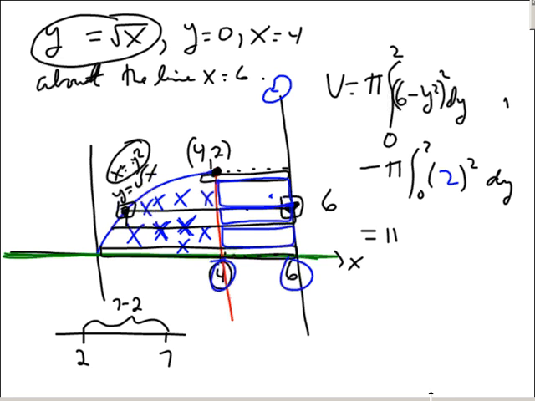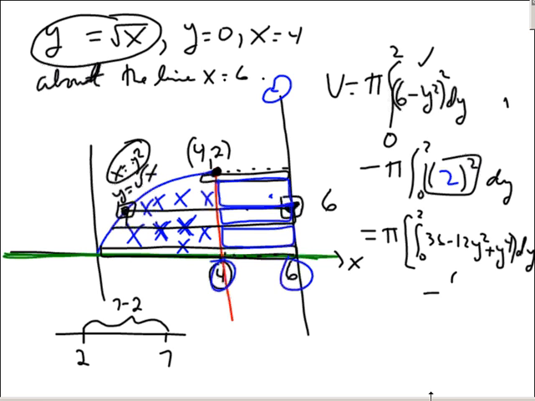Again, we can factor out the pi. So when I square that, we have the integral from 0 to 2 of 36 minus 12y squared plus y to the 4th dy, minus the integral of 4 dy from 0 to 2.